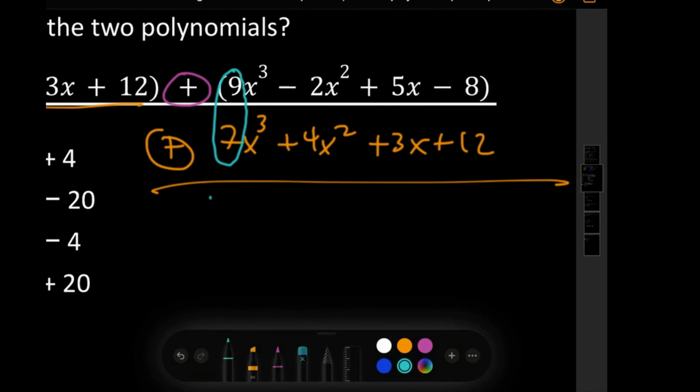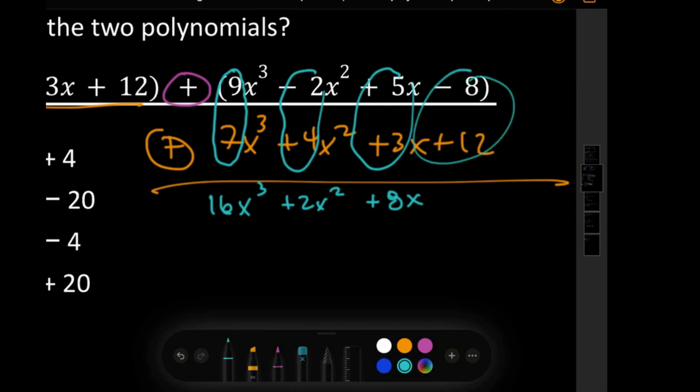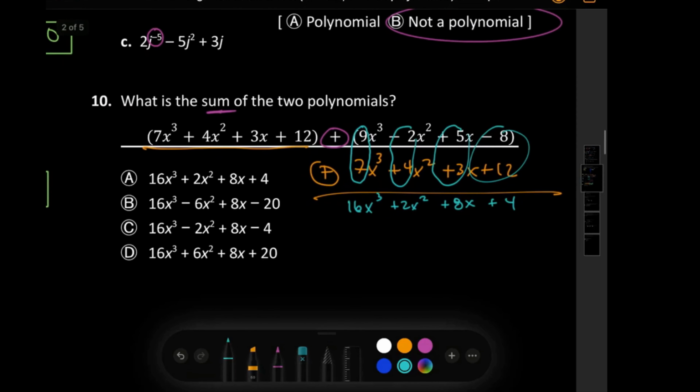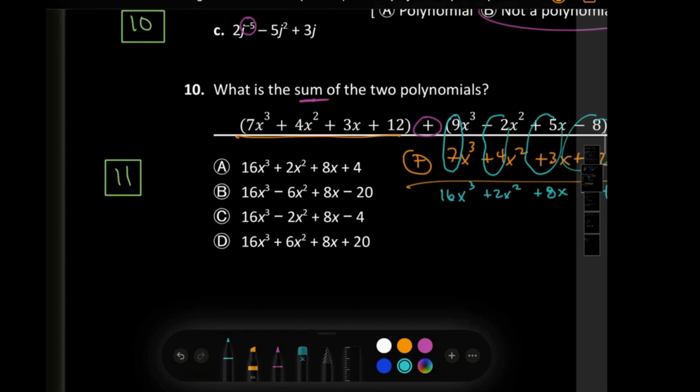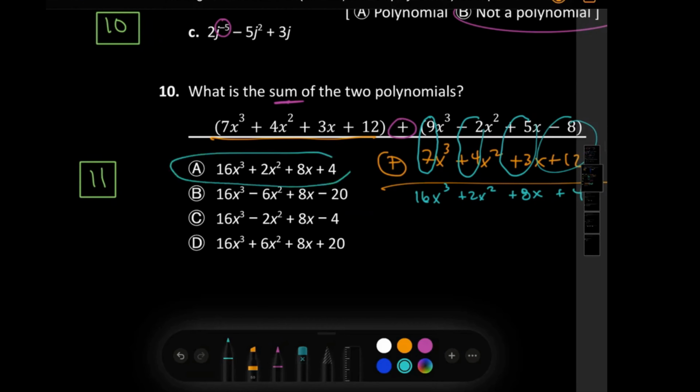So this would be 16x to the third. Notice the exponent here does not change. Okay? -4 plus 2 gives me positive 2x squared. That is 8x, and this would be a positive 4. And the answer to number 11 is A.